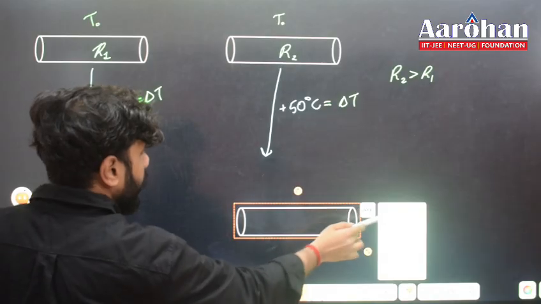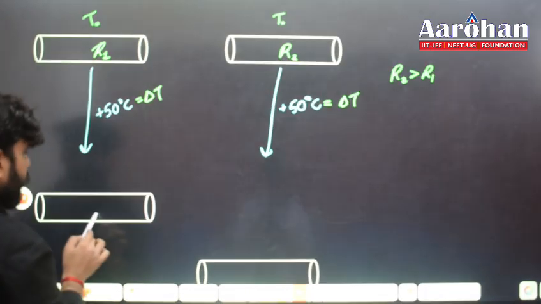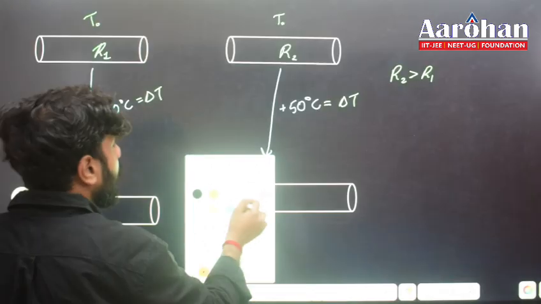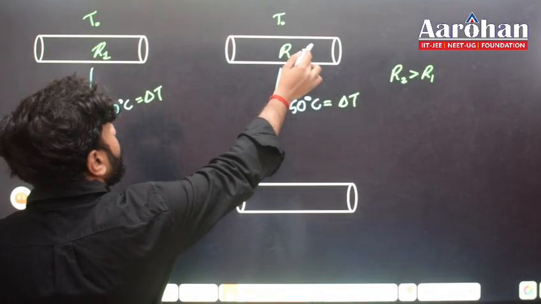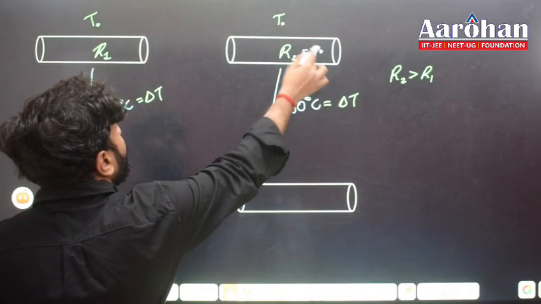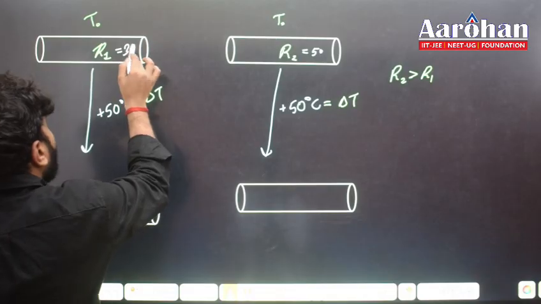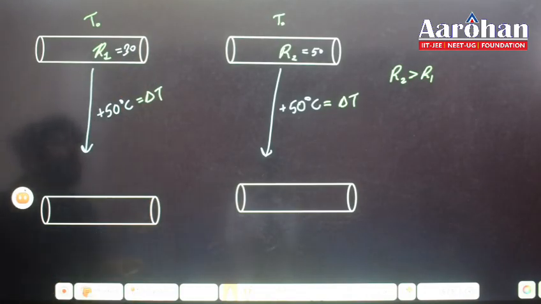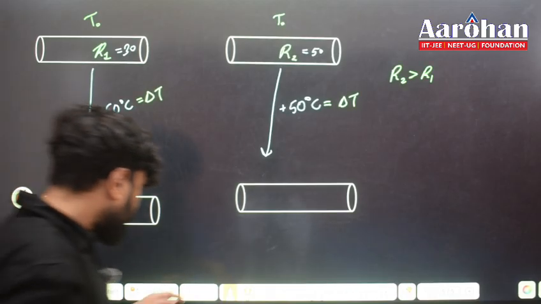What I'm trying to say here is, let's say the initial value was 50 here and 30 there, and because the change in temperature is the same, let's say resistance increases by 20 and 20, so this should be 50 and that should be 70.